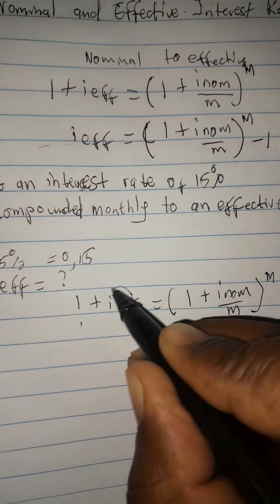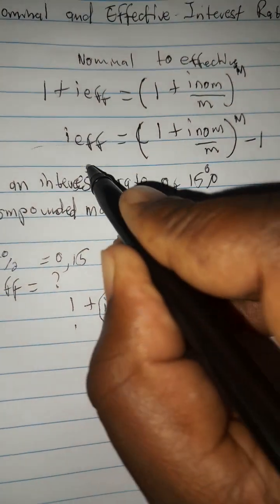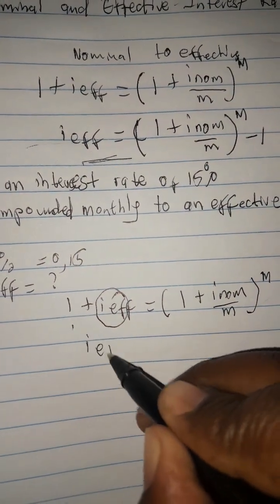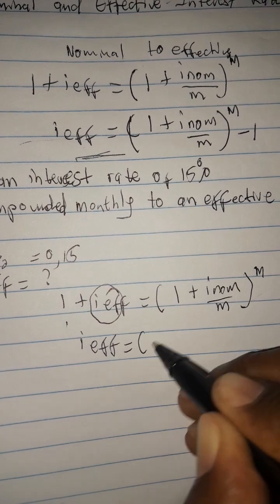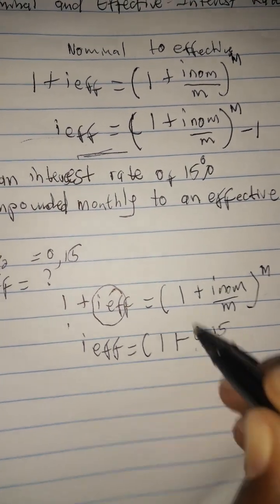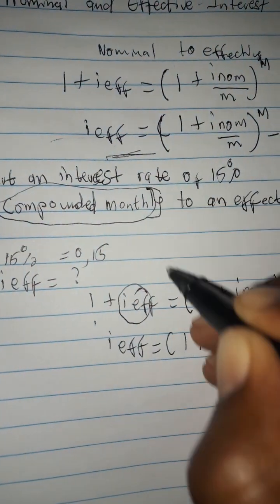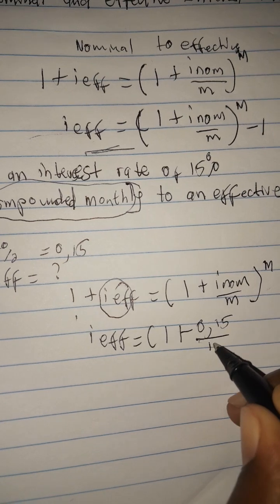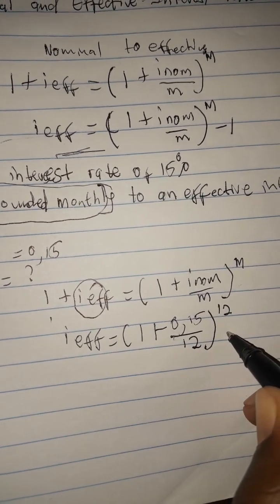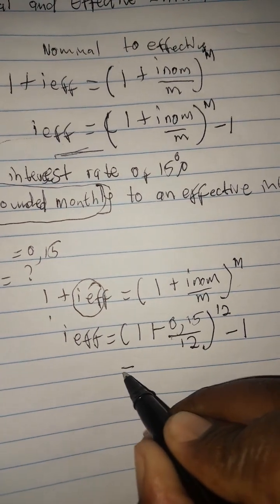So we need to make I effective the subject. So we are going to say I effective is equal to 1 plus 0.15, since it's compounded monthly, this is the compounding period. Remember that when it's compounded monthly, you divide by 12, so to the power of 12, subtracted by 1. So let's punch our calculator.